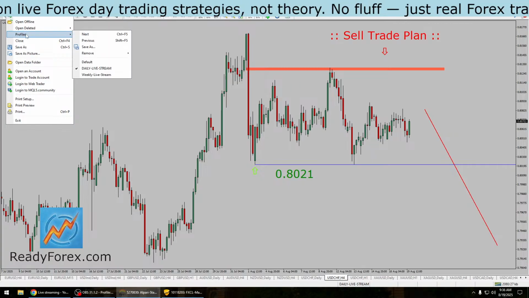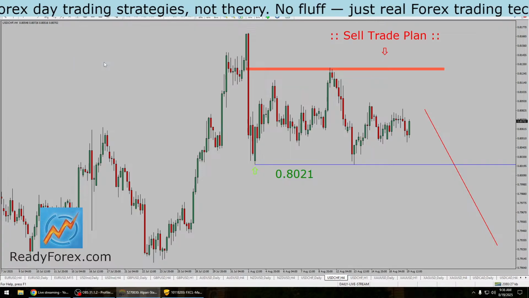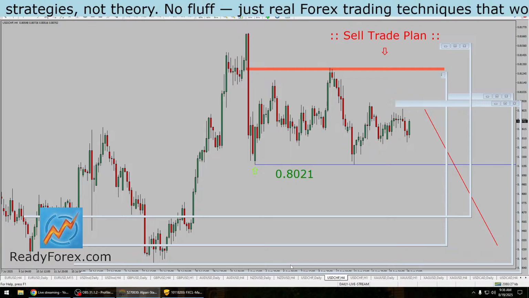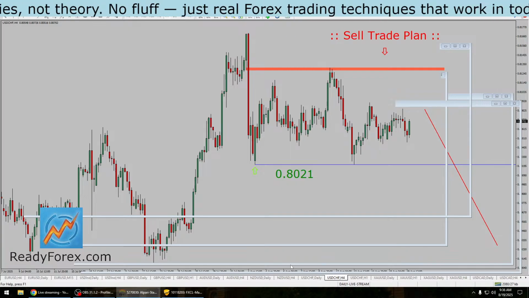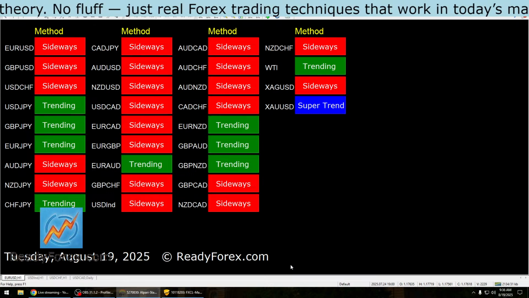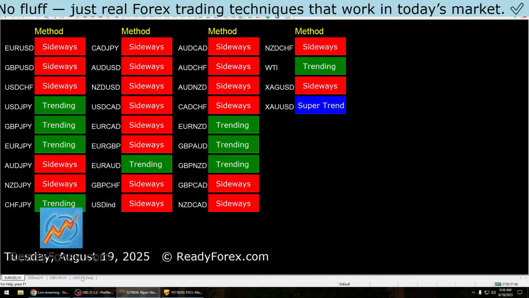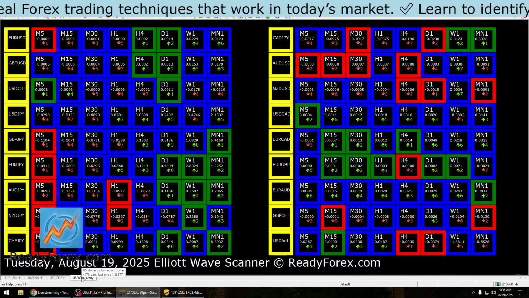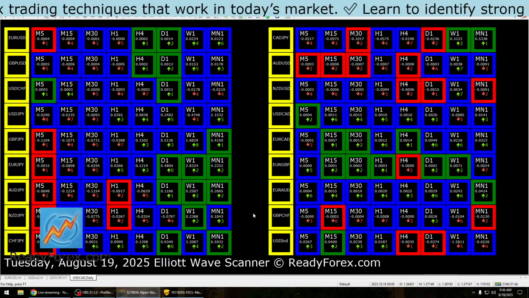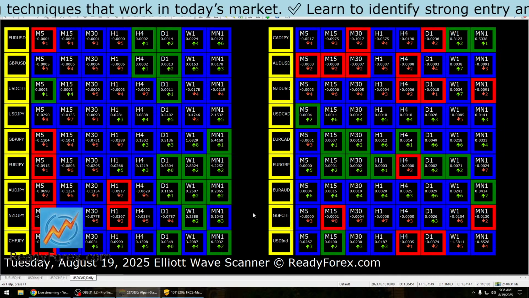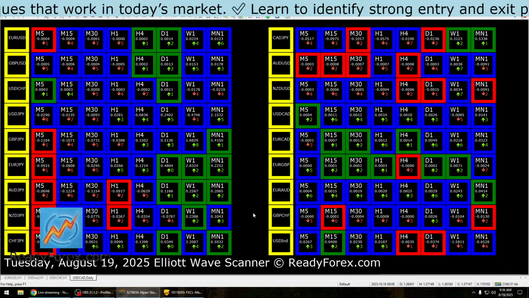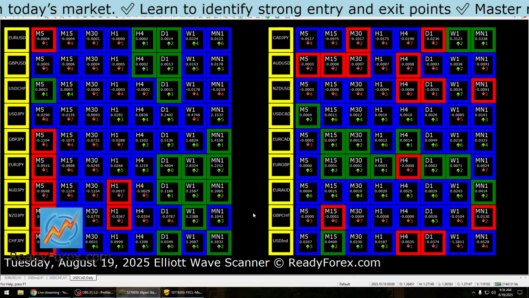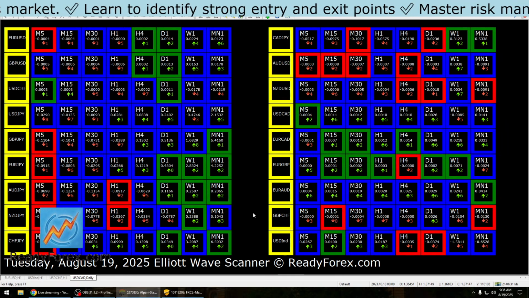Let me go back to the Elliott Wave scanner and see what's going on. So euro dollar is kind of trying to move sideways over here, and the Aussie dollar looks a bit more bearish as compared to the NZDUSD.